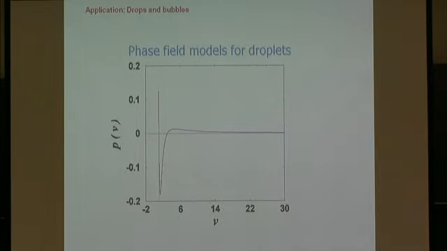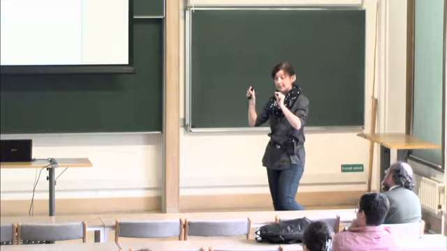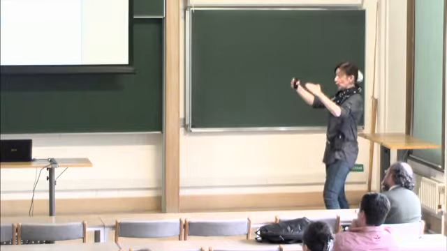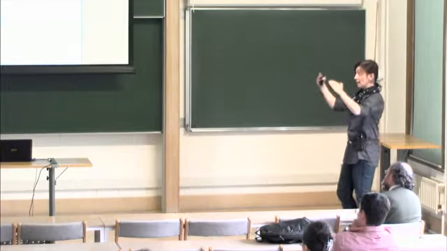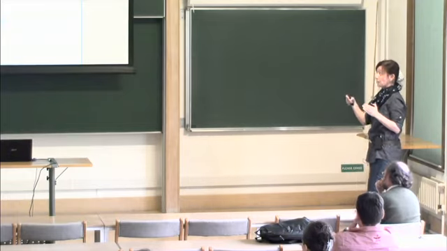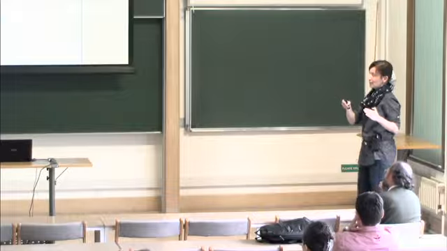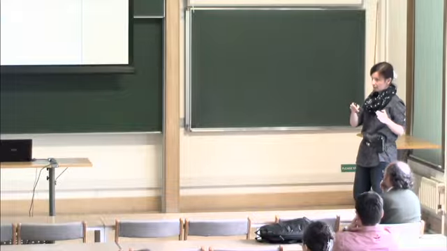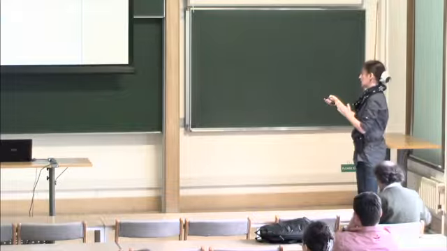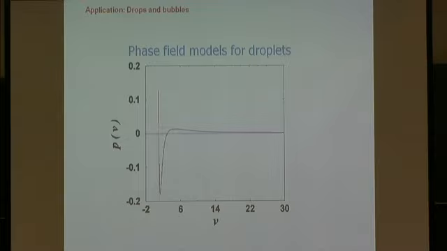So we have both states, liquid and vapor, and the random distribution will act as seeds toward a phase separation and will obtain either a liquid drop in a vapor atmosphere or a bubble, a vapor bubble in liquid.